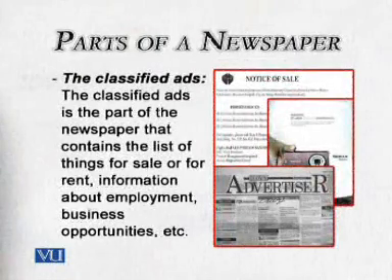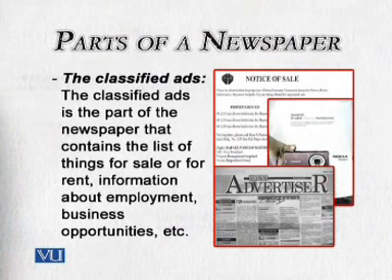Moving ahead, we have another important part of newspaper we call a paper or a page or a section, meant for advertisements actually. This is something very, very important. The classified advertisements, for example, if you want to sell, you want to buy, you want to rent out things, you want to announce things, for example, or you want to, yes, important thing, you want to hunt a job, for example, you want to see any openings.